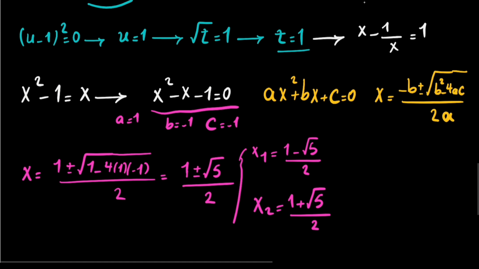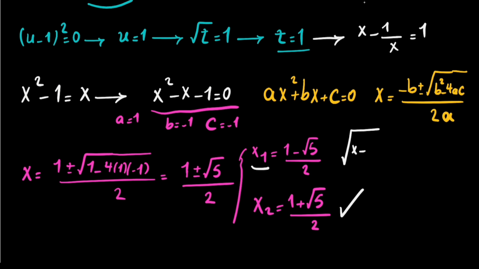So I want to tell you the first one is not correct. The second one is the correct answer, because if x is equal to (1 minus the square root of 5)/2, in one of our equations we had the square root of (x minus 1)/x, and you know that this has to be positive or equal to 0.